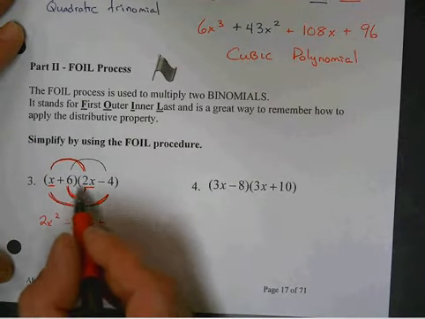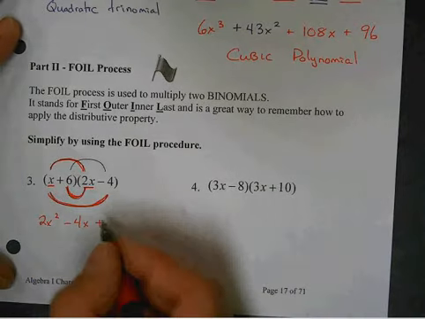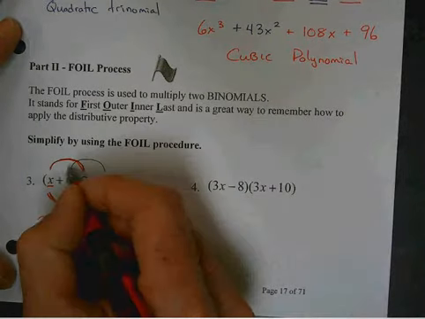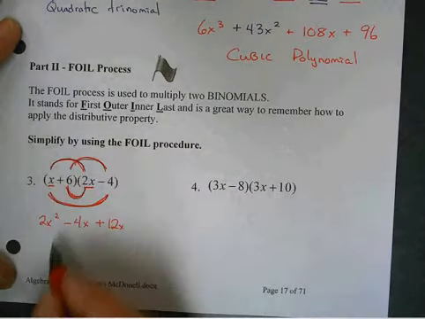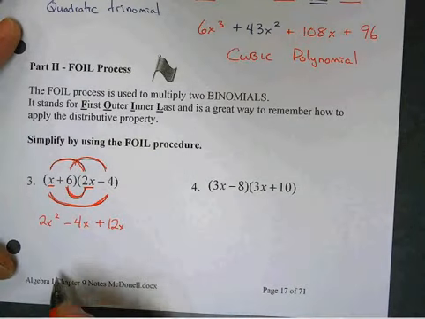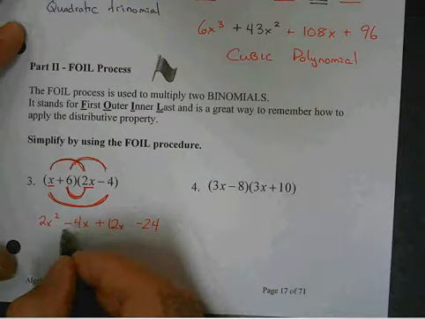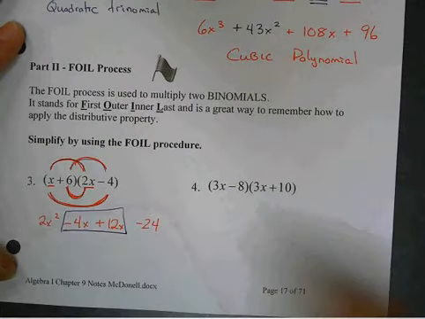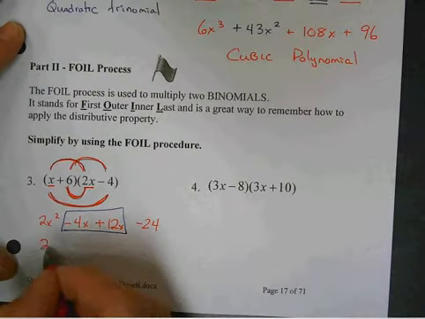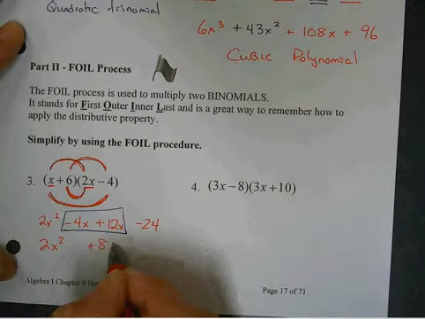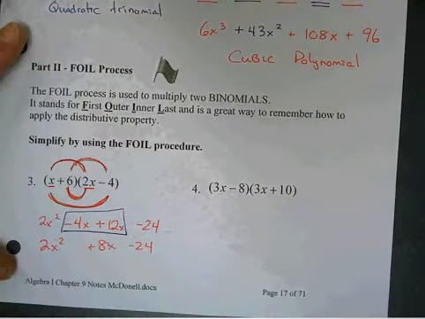Sorry, what did I say? 6 times 2x. Thank you, Jalon. 12x. And then last, 6 times -4. -24. All right, we look for our like terms, and we write our answer. 2x squared plus 8x minus 24.